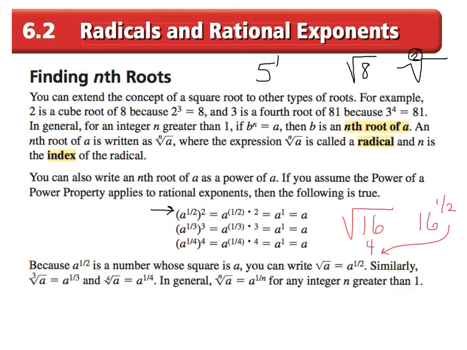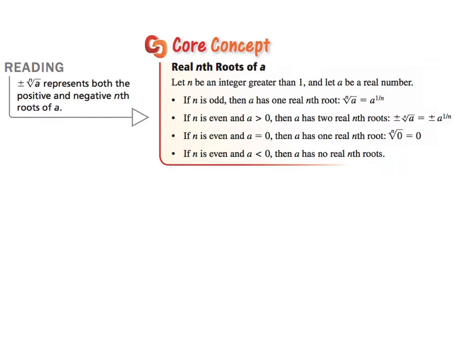The 4th root is to the 1/4 power. And that's what it says here. Cube root is a to the 1/3. The 4th root is a to the 1/4. So in general, here it is. The nth root of a is written as a to the 1 divided by n power for any integer n greater than 1. All right, so let's talk about our core concept.